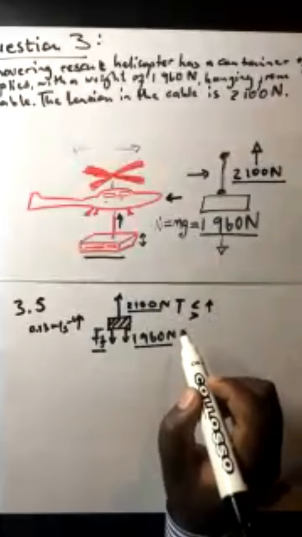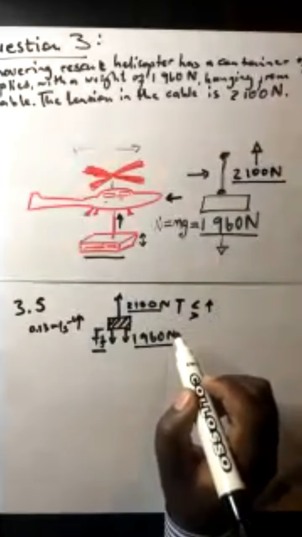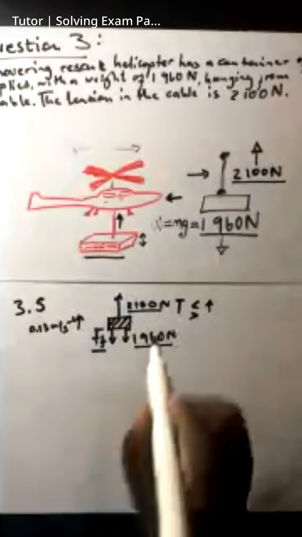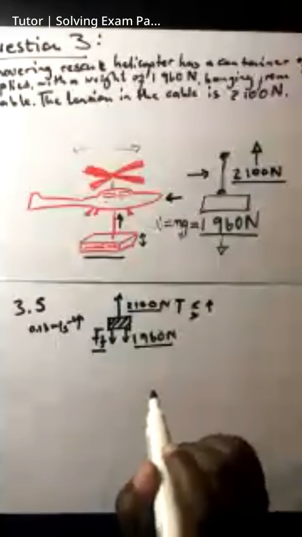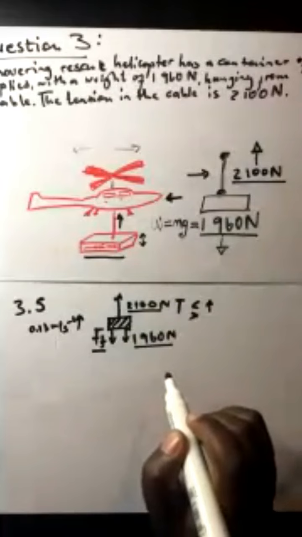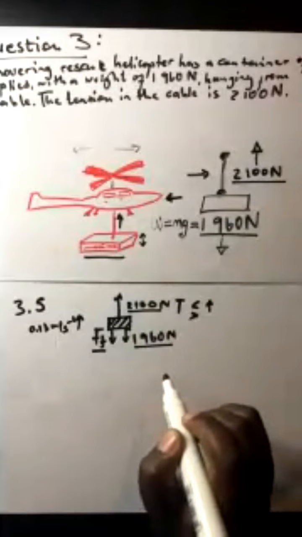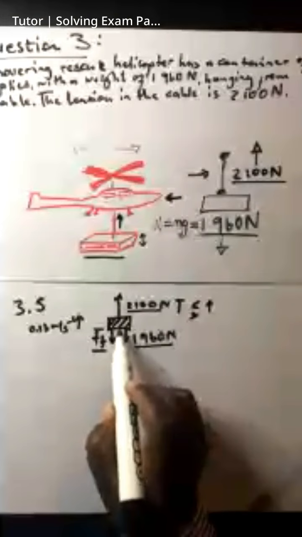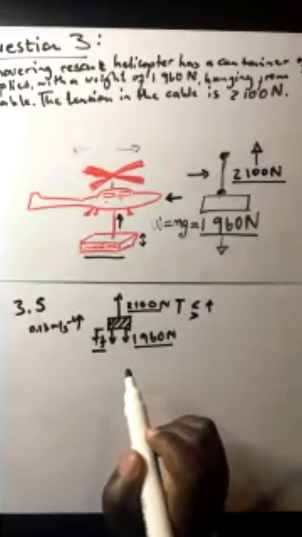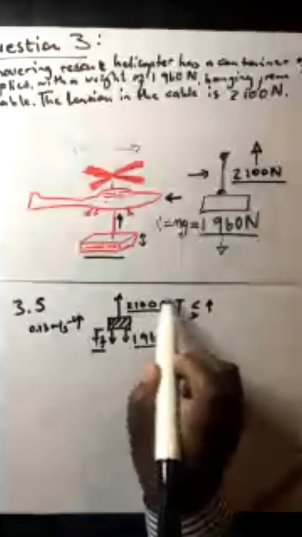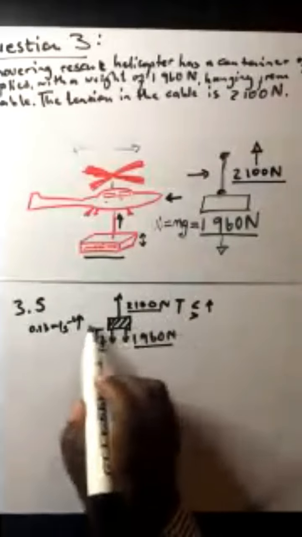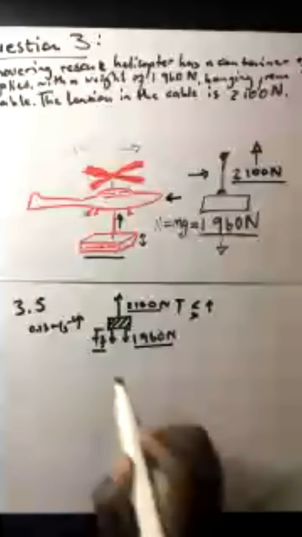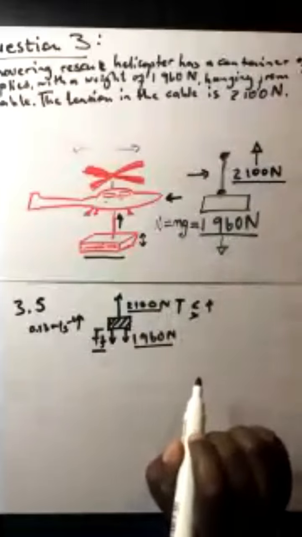So that is why your answer has to be increased tension. That means if this container moves in the downwards direction, then it means the tension is becoming less. Then you therefore have more force pulling downwards. So it's just simple logic, guys.